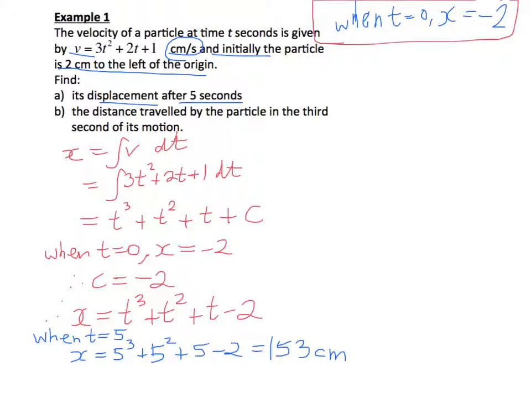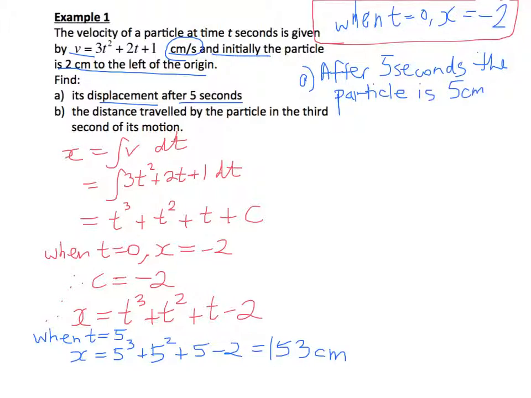Okay, and don't be afraid of using words to actually answer the question. After 5 seconds, the particle is, are we talking about a particle? Yes, it's a particle. Is 153 centimetres.